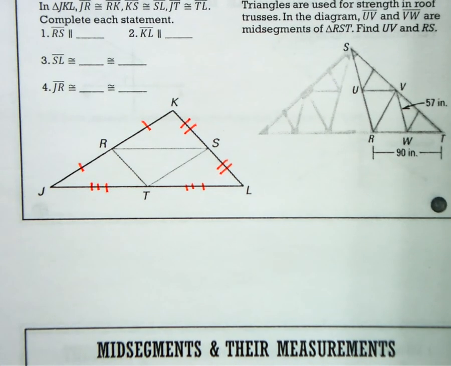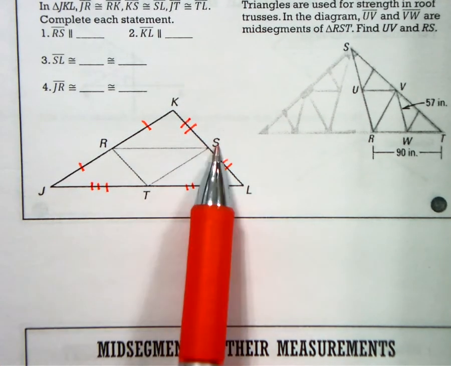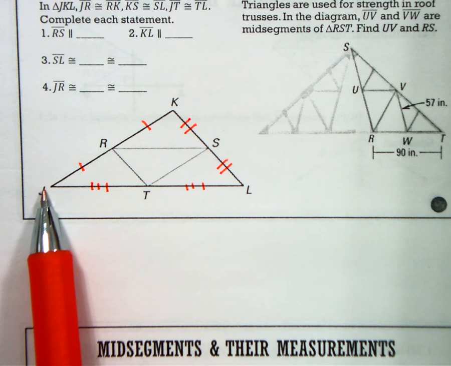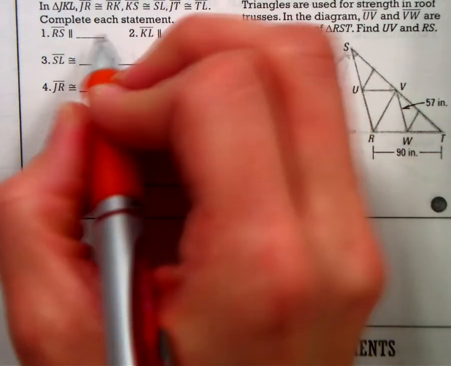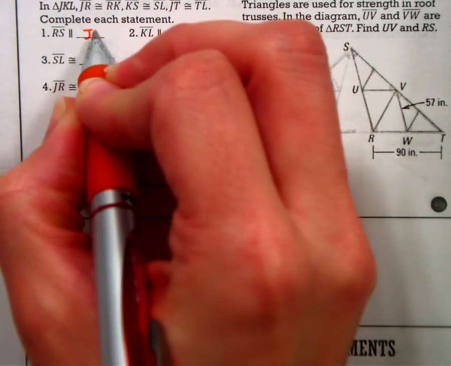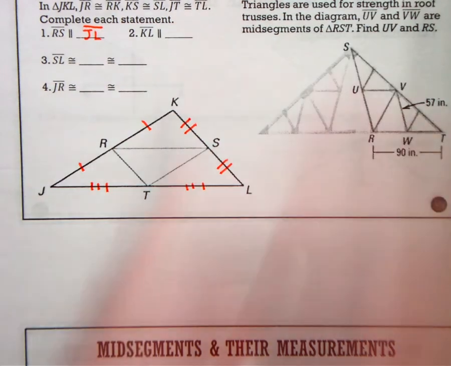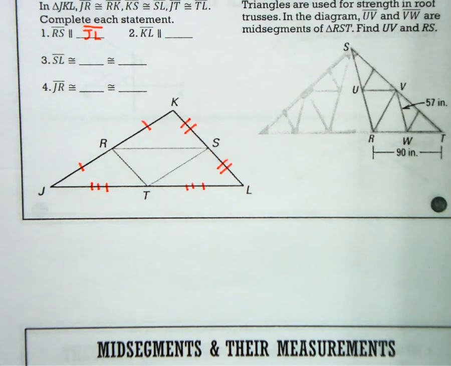RS goes with, all together now, JL. When you say JL here on your paper, though, make sure you put a segment bar over top of it. We are still looking to maintain that information from day one. Why? Because you have a final coming up. That's why. You still need to know those things. Segment bar goes over a segment.